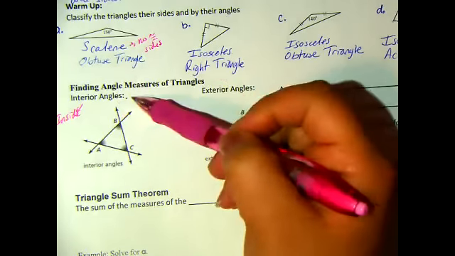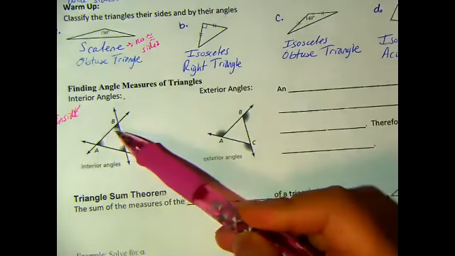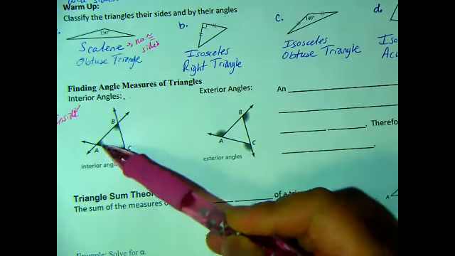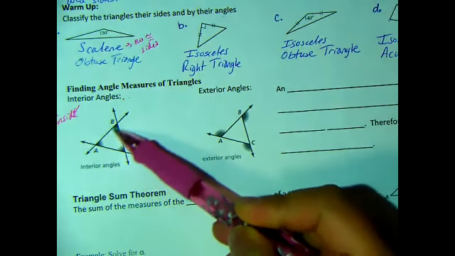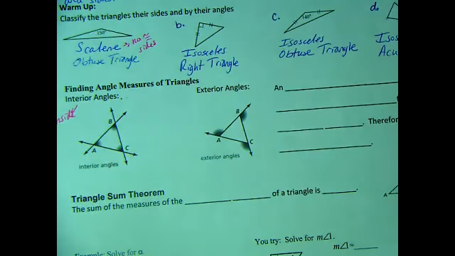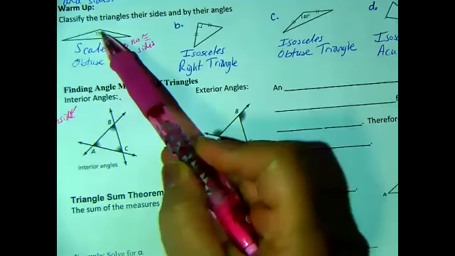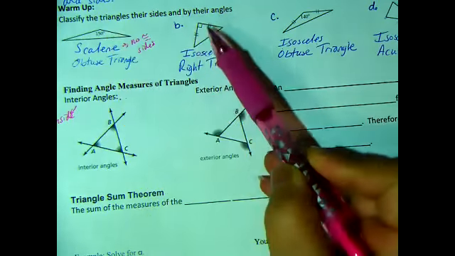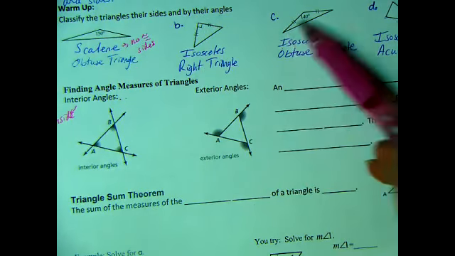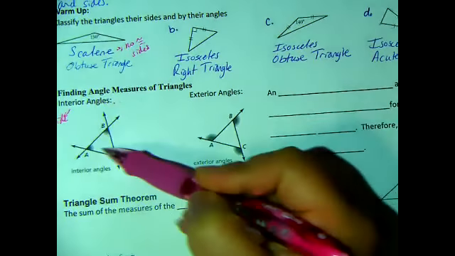So the interior angles of a triangle are the angles that are inside our triangle at each corner here. Okay, notice that they are inside. Now, usually we pay attention to the interior angles of a triangle. There's nothing wrong with that. That's normally what we pay attention to, okay? The interior angles.